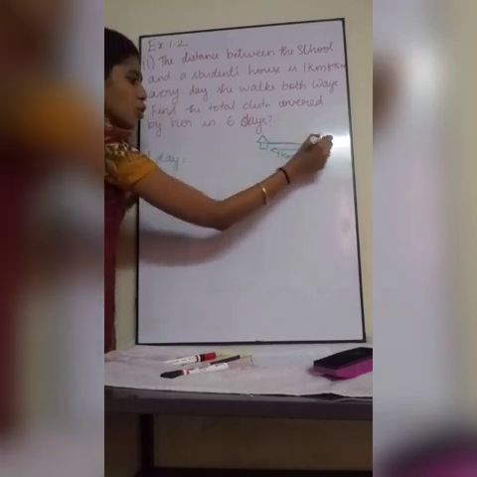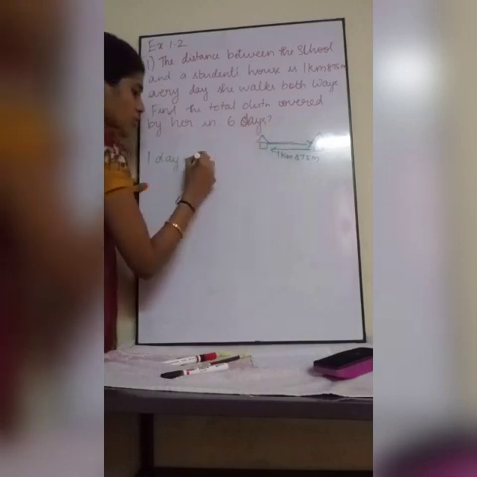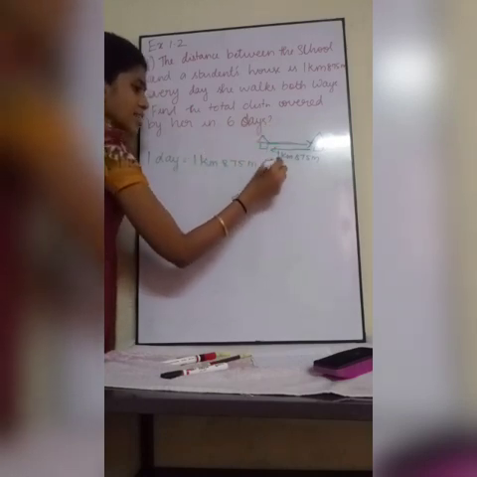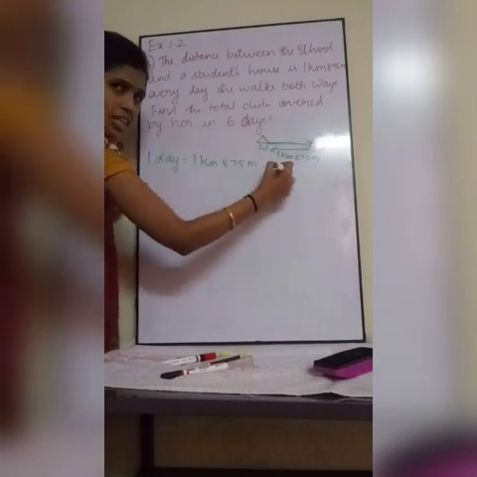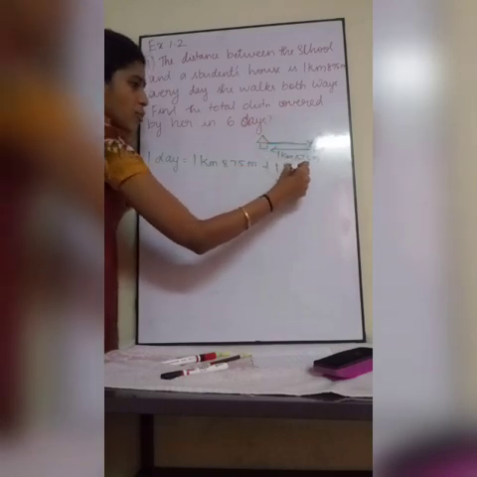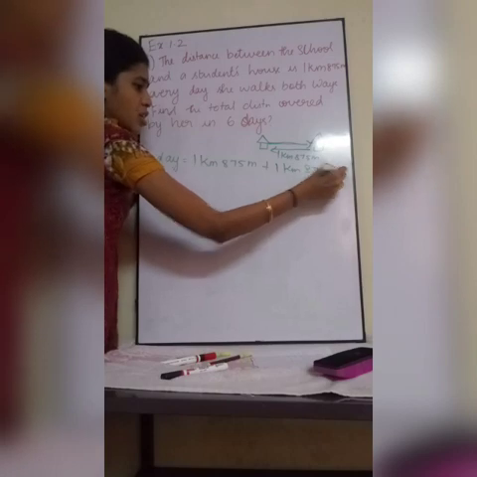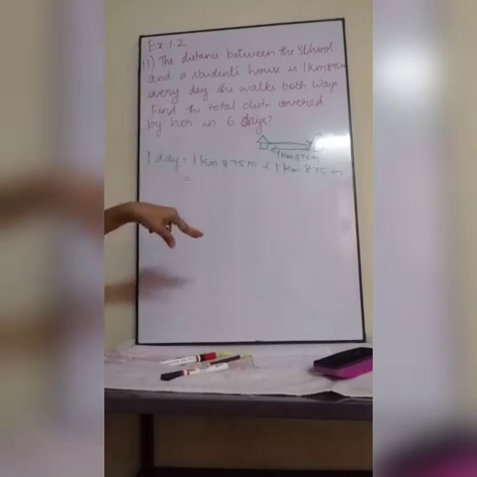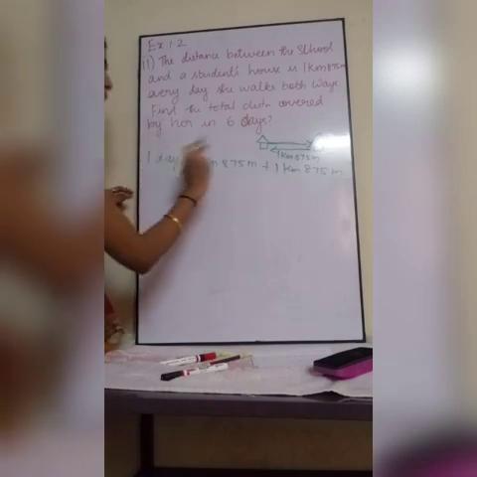From school to home, home to school, she will walk 1 kilometer 875 meter, plus from school to home again she will return, so 1 kilometer 875 meter. So if you add, in one day she will walk like this. I am going to add these two.